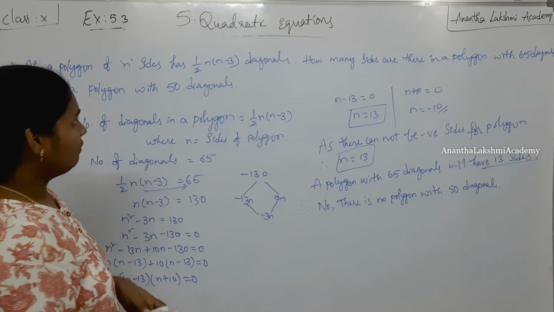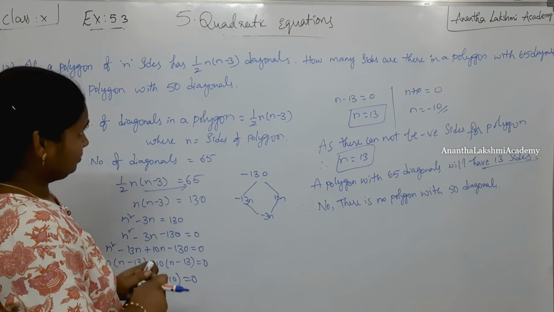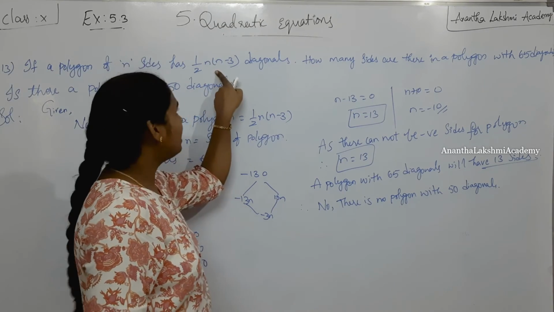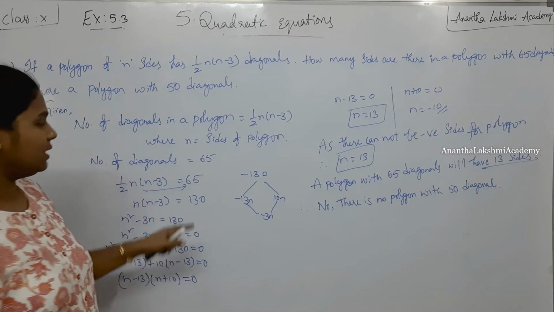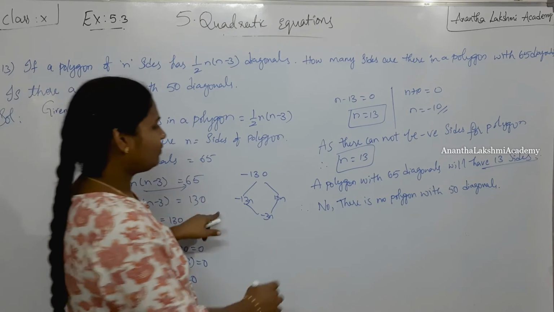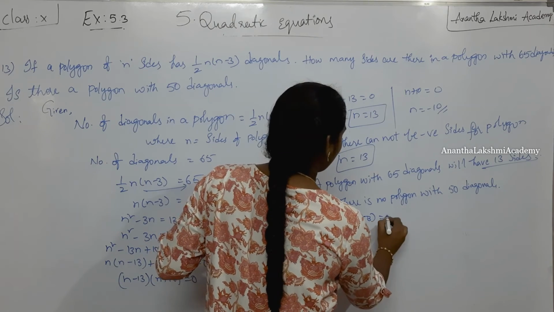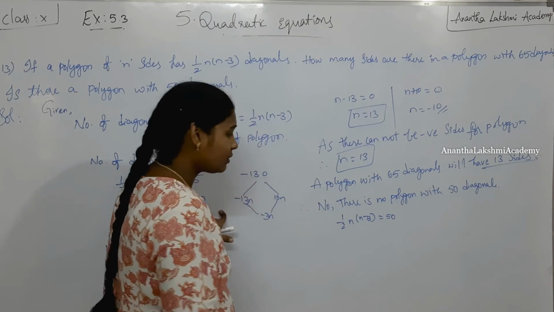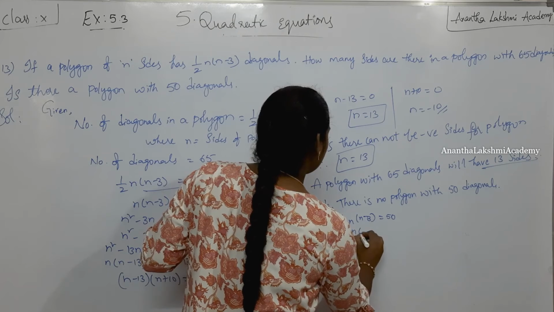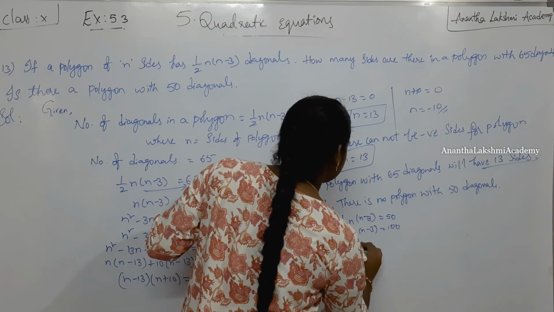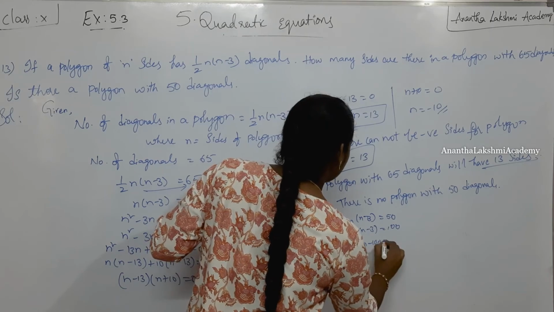If there are 50 diagonals, we need to figure this out by equating this to 50, just like we did. Half into n into n minus 3 is equal to 50. That becomes n into n minus 3 is equal to 100. n square minus 3n minus 100 is equal to 0.